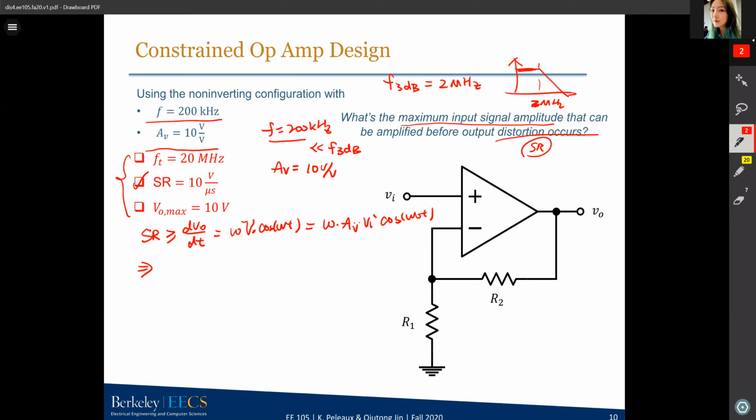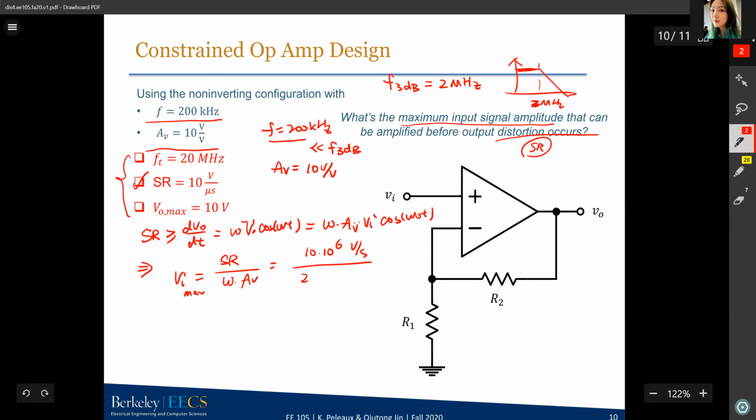The maximum V_I we can get is the slew rate divided by omega times A_V. Plugging in numbers, our slew rate is 10 times 10 to the 6 volts per second, over omega, which is 2 pi times 200 kHz, times your A_V, which is just 10.